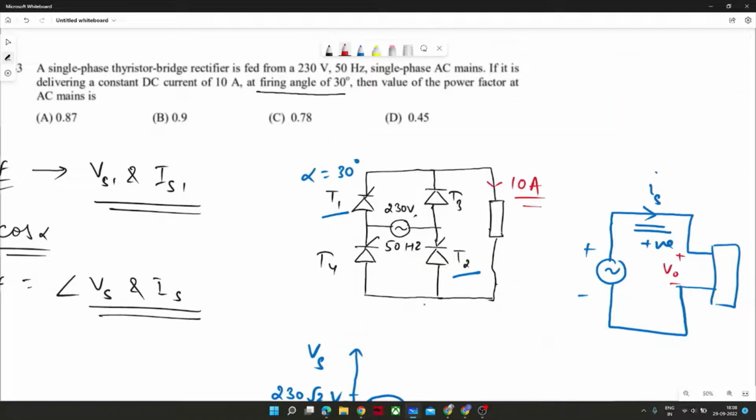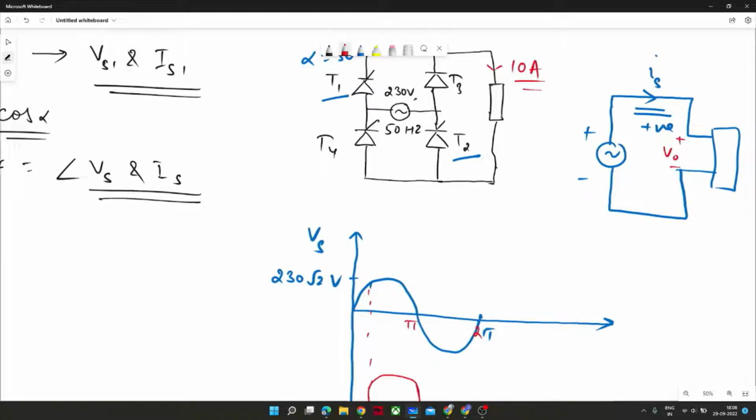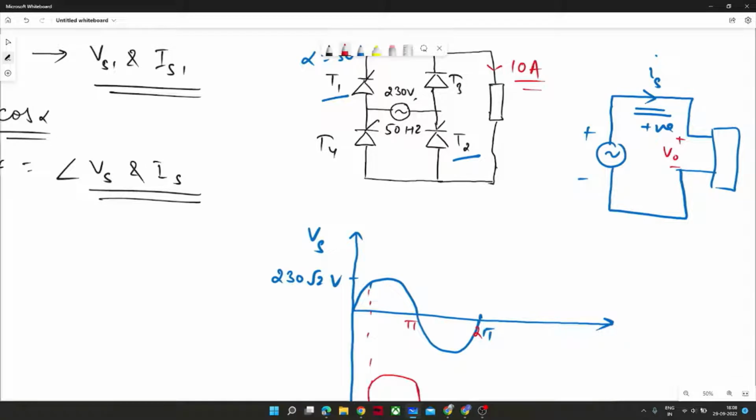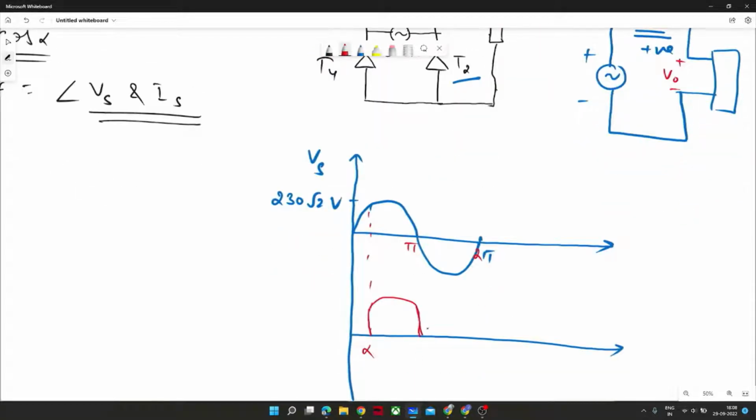In the problem, it is said that it is delivering a constant DC current of 10 ampere. Okay. So a constant DC current of 10 ampere means there is no discontinuous conduction in the circuit, and hence T1 and T2 would continue to conduct until pi plus 30 degrees.